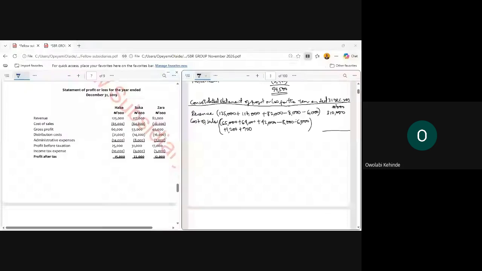24. 125 plus 170 plus 82. This should be 175, 100. I don't know if I'm right. Kindly confirm.